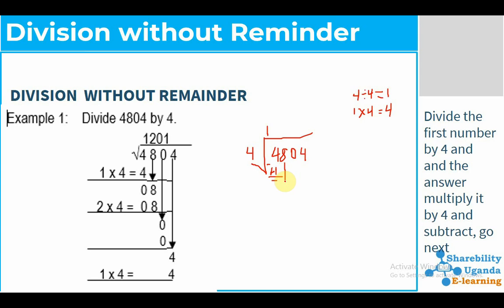Then we bring this whole number back here, where we are now remaining with 8, 0, 4, because that first 4 has been eliminated. So we come here and say, what is 8 divided by 4?